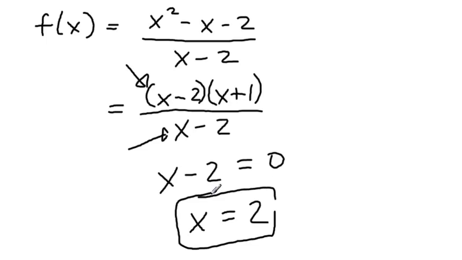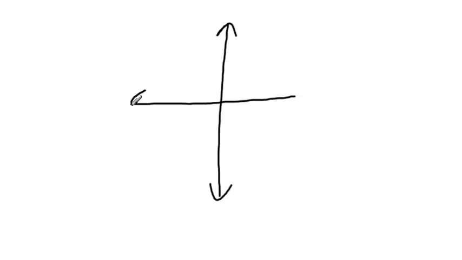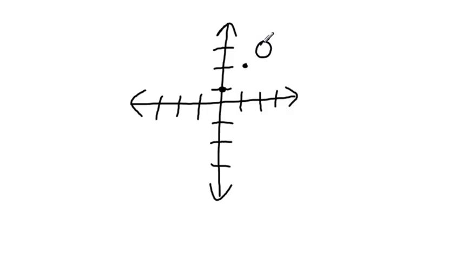So there is a hole that occurs in the graph of this function at x equals 2. I'm actually going to graph what this function would look like so that you can actually see that. The scale that I'm using is going by 1, so I will not write in values there. There would be a point here, a point here. That is where our hole would be.